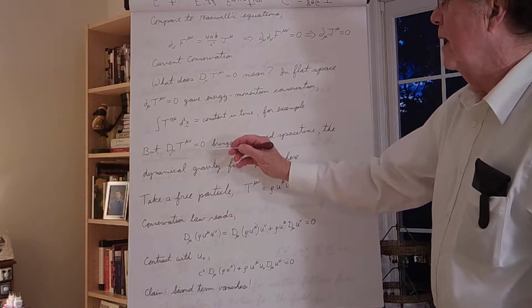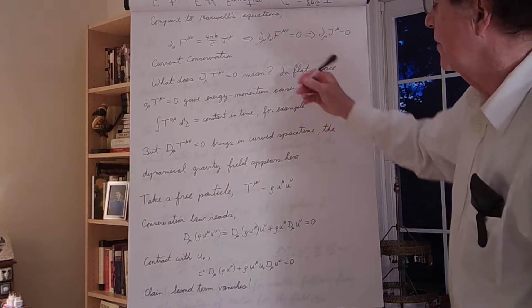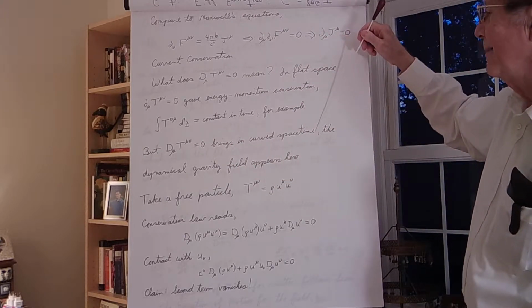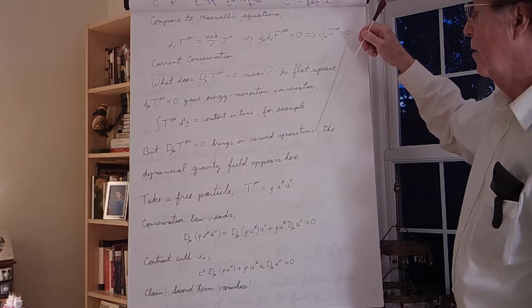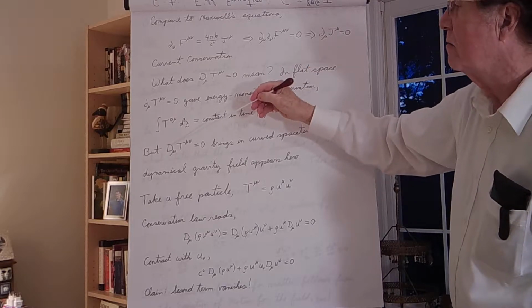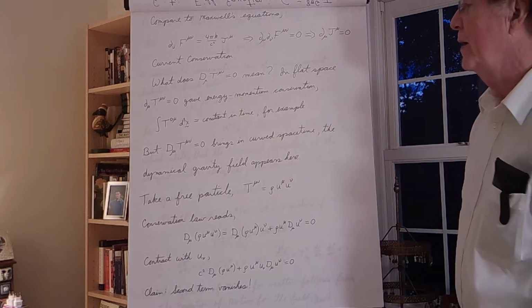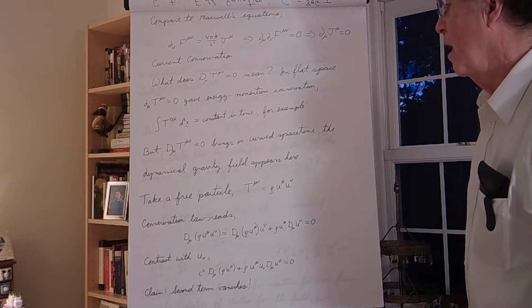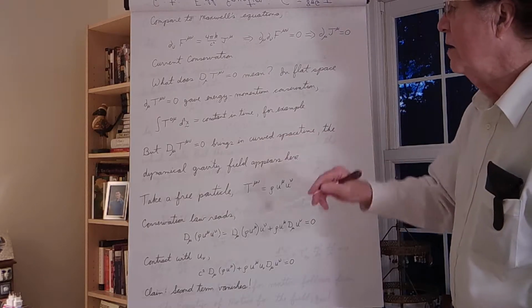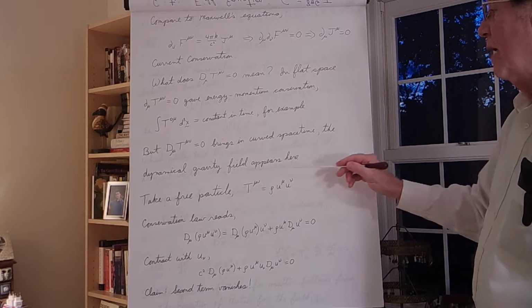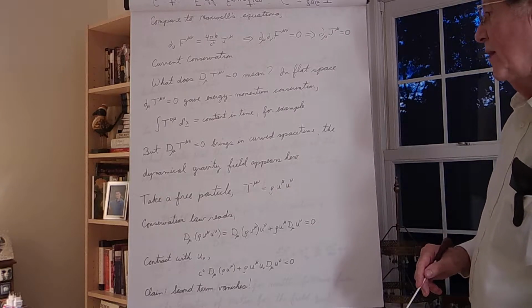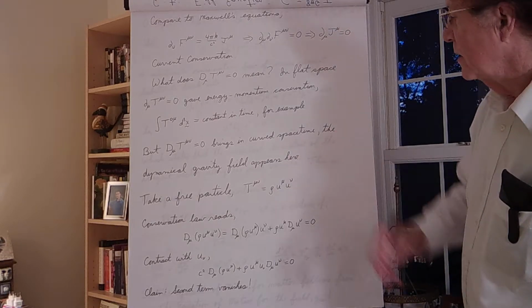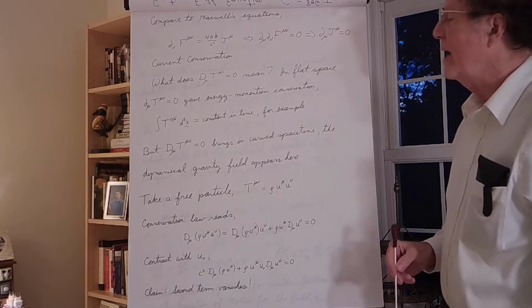Now this is an interesting conservation law because of course it brings in curved space-time, because the covariant derivative depends upon the curvature of space-time. And in the curvature, that's where your dynamical gravity field appears. Let's see how that works.